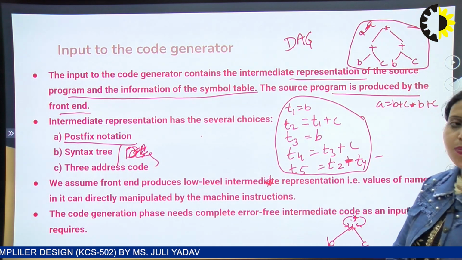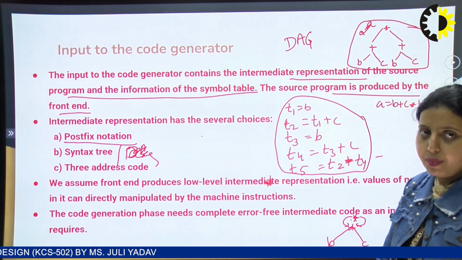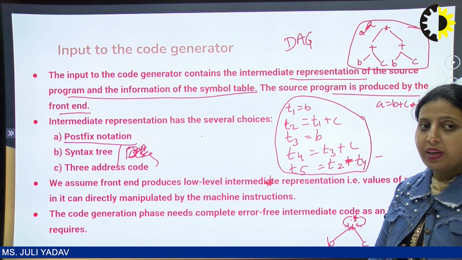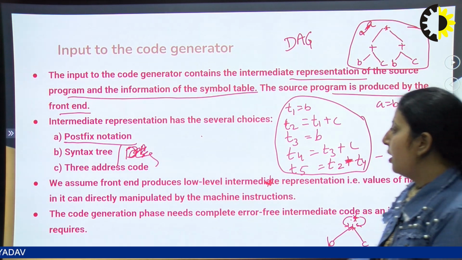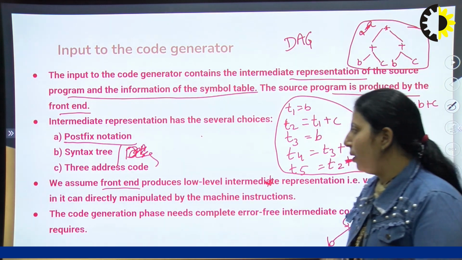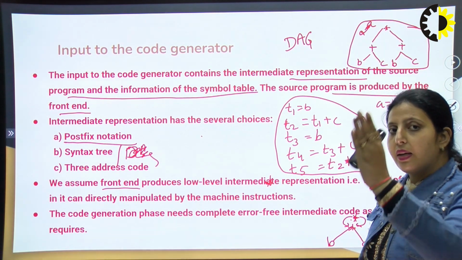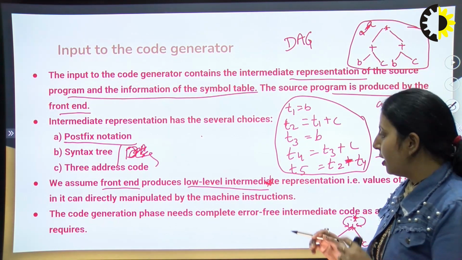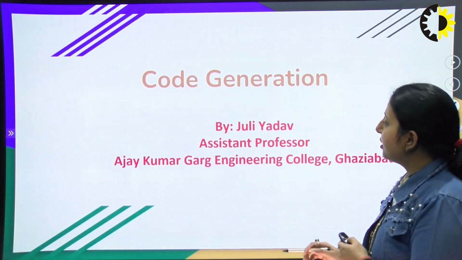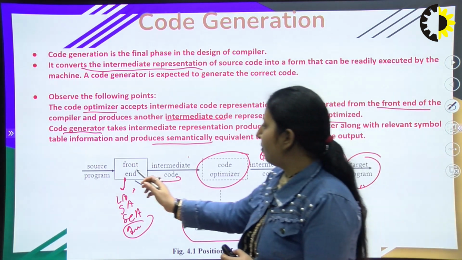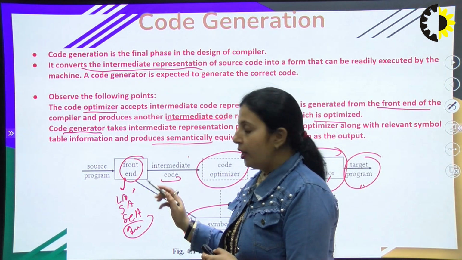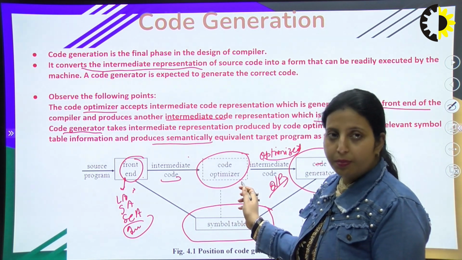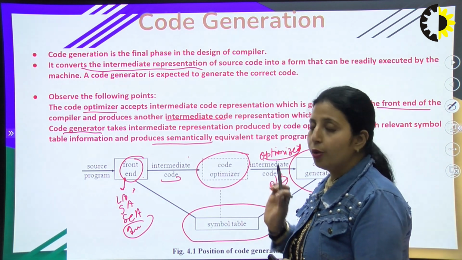Now we assume the front end produces a low level intermediate representation, that is, the values of names in it can be directly manipulated by machine instructions. What does it mean? It means the phases in the front end produce a low level intermediate code representation. As you can see here, the front end produces the intermediate code, then this intermediate code is given as the input to the code optimization.